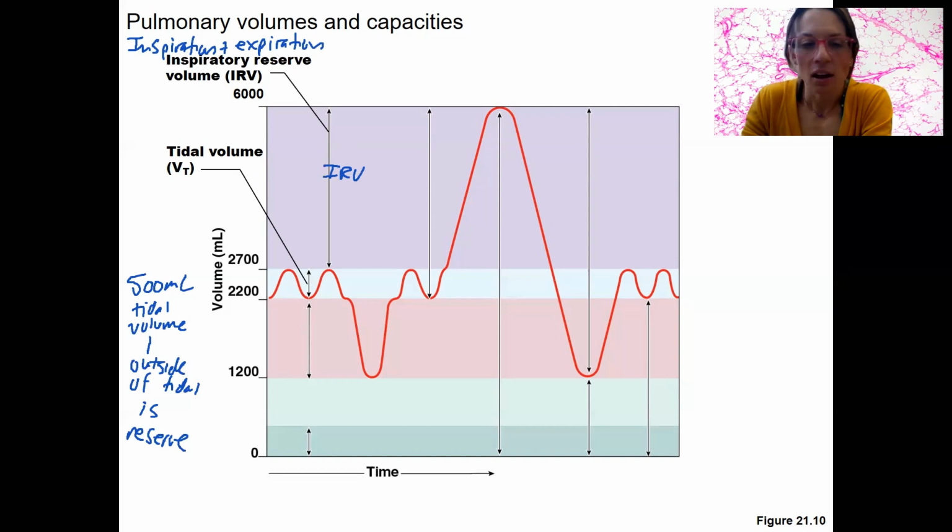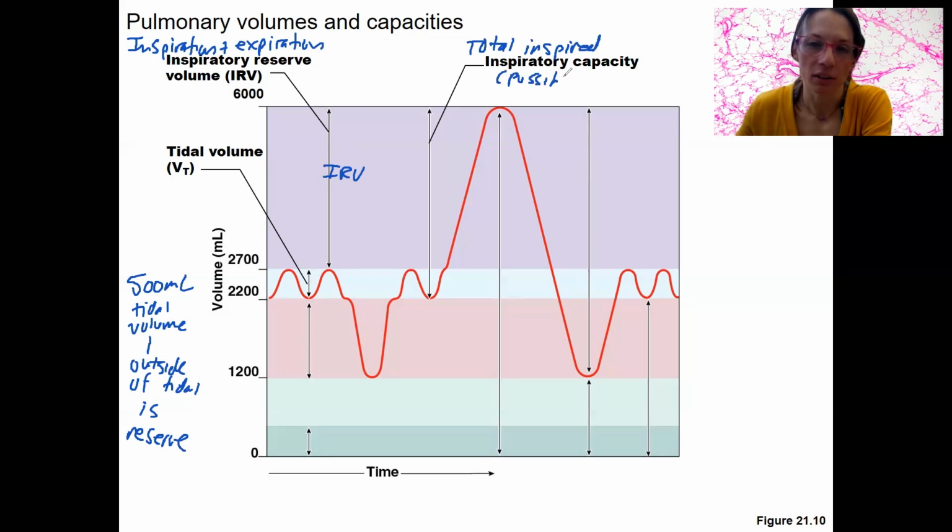And then tidal volume plus your inspiratory reserve volume is going to give you your inspiratory capacity, your total amount possible to inspire. It really is just equal to IRV plus VT, right? Sorry, that last one should be VT.